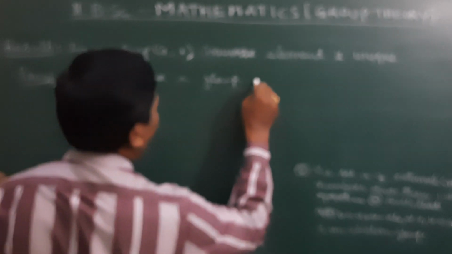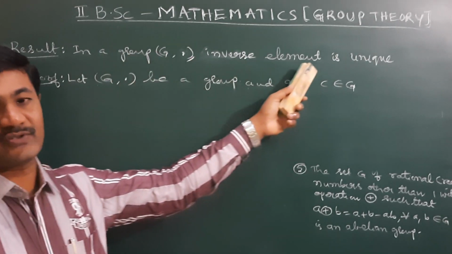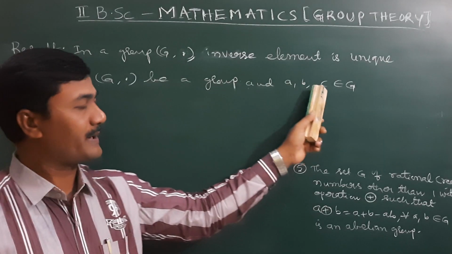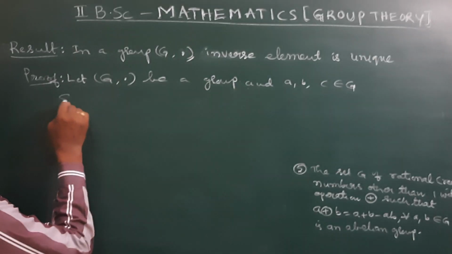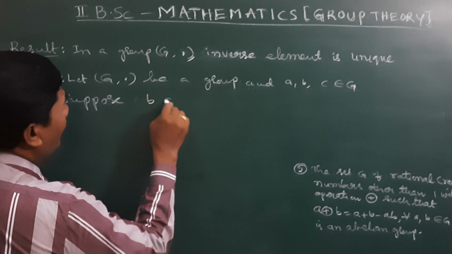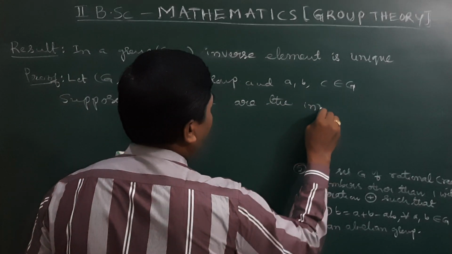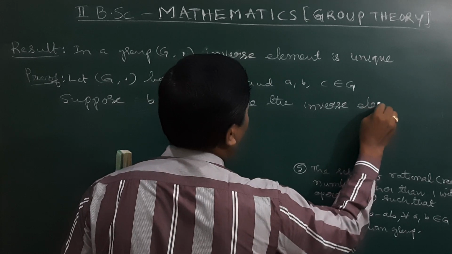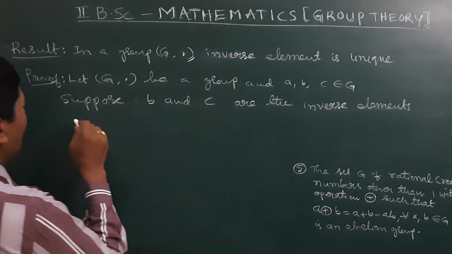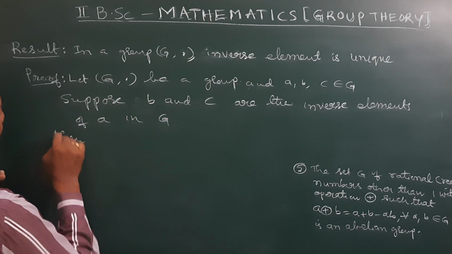Let (G, dot) be a group and A, B, C belong to G. Suppose, if possible, B and C are the inverse elements of A in G. Then immediately, what happened?